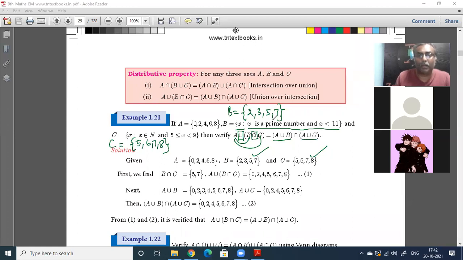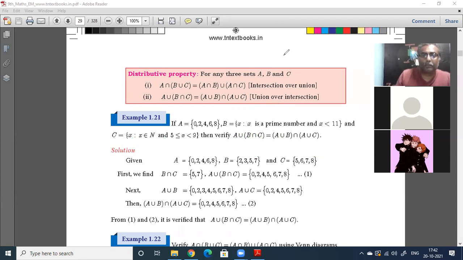First, what you should find is B intersection C. What is B intersection C? This is the common result.